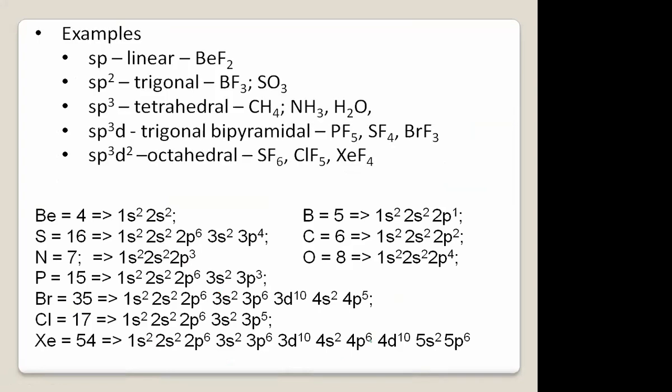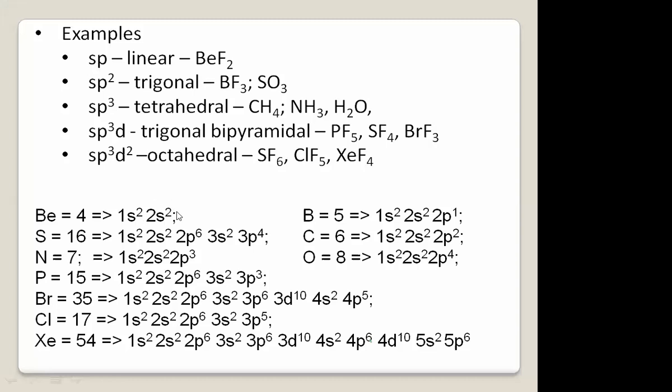Now, to be able to further understand what we're trying to talk about, I will quickly list some of the molecules that have all these hybridizations, and we will look at a few of them to explain. In sp hybridization, you have beryllium fluoride.